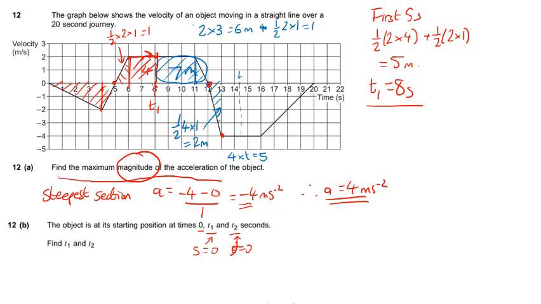Remember we had 7 meters the other way. This first triangle has added up to 2 meters, so I need 5 more meters. 4 times some time equals 5, so that's 1.25 seconds. So 1.25 seconds after 13 seconds, T2 is 14.25 seconds.